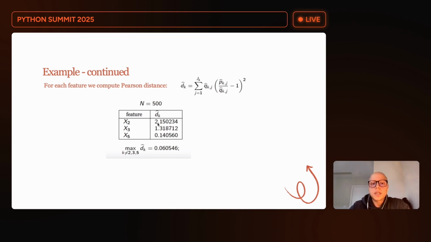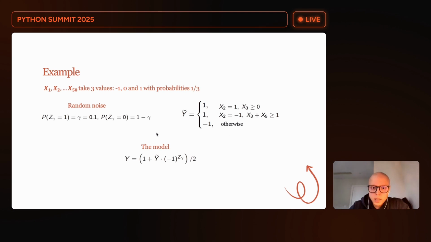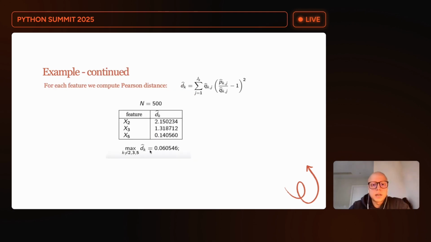What is nice is that it worked: the largest distances are for the features that actually affect the variable y. And for everything else, the largest distance that we get is almost 2.5 times lower than the value of the distance for x5 in this example.